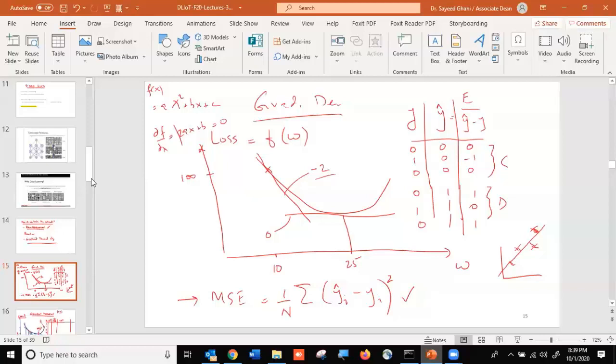So you can easily solve for this particular equation. 2ax plus b is equal to 0, and your answer is x is equal to minus b upon 2a, right? So that tells you exactly, in one go, where the optimal point is. And that's it. You found the optimal solution where the loss is minimized by taking a particular value of W.